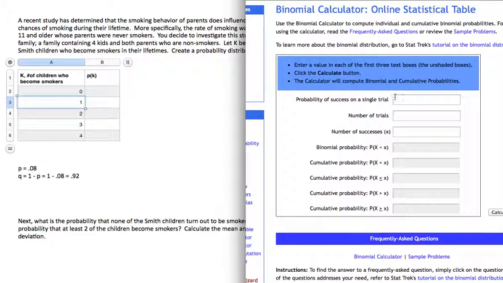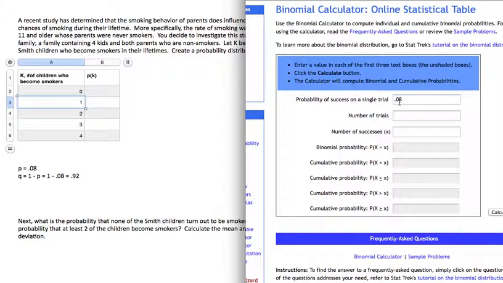So these are the pieces of information that we need. The probability of success on a single child, or a single trial, which in this case is the rate that the child will begin smoking, is going to be 0.08. We need to make sure, since they're asking for probability, we're not going to put in 8 for 8%.